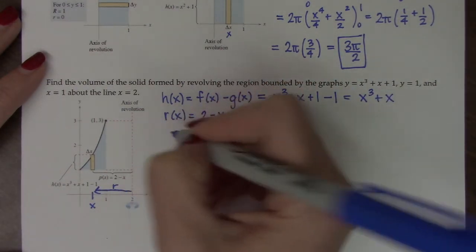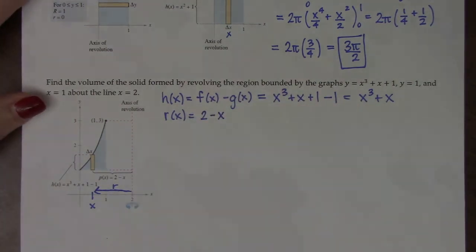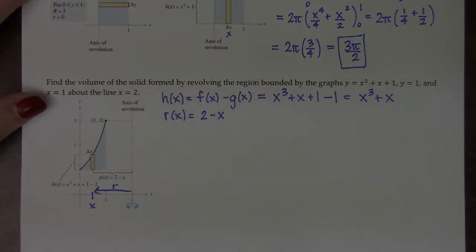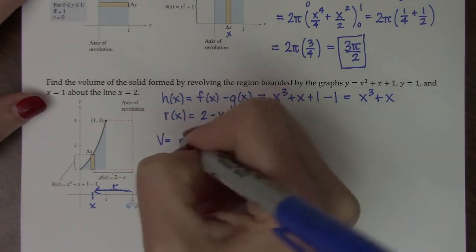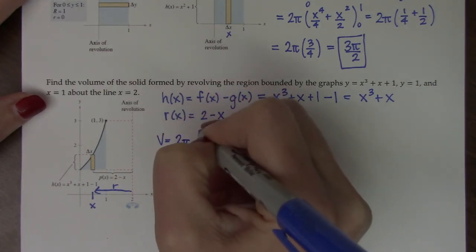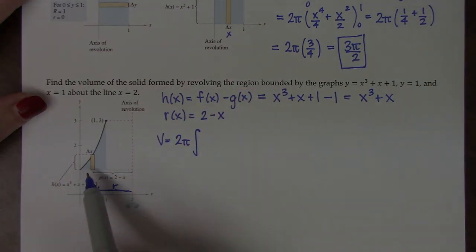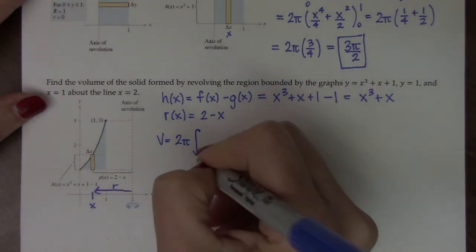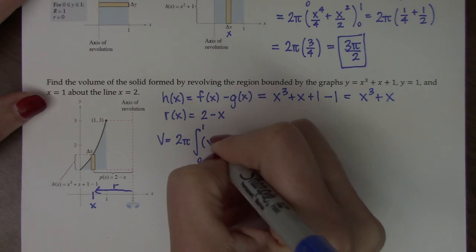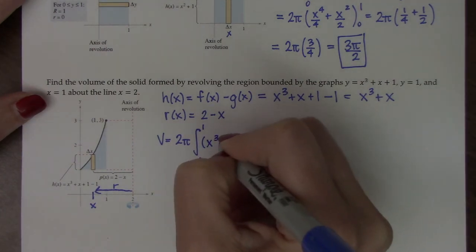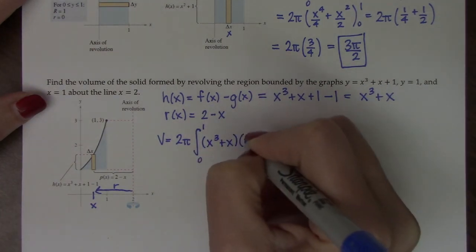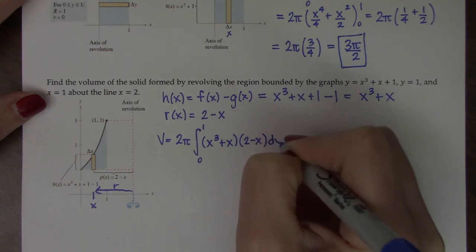So what we're going to have is our volume integral is going to be 2 pi. The bounds on x are 0 to 1 because we only take the bounds where the region is shaded. And it's going to be x cubed plus x times 2 minus x.